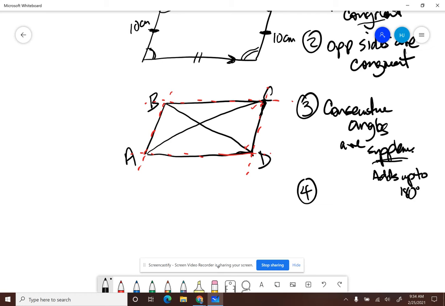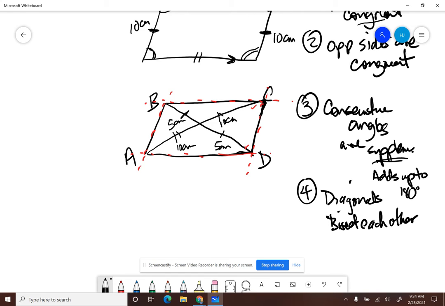And so in other words, if we have a certain measurement here, let's say 5 centimeters, then this would also be 5 centimeters. Okay, and the same thing this way. If I had, let's say, 10 centimeters here, then this would also be 10 centimeters as well. So the diagonals bisect each other.